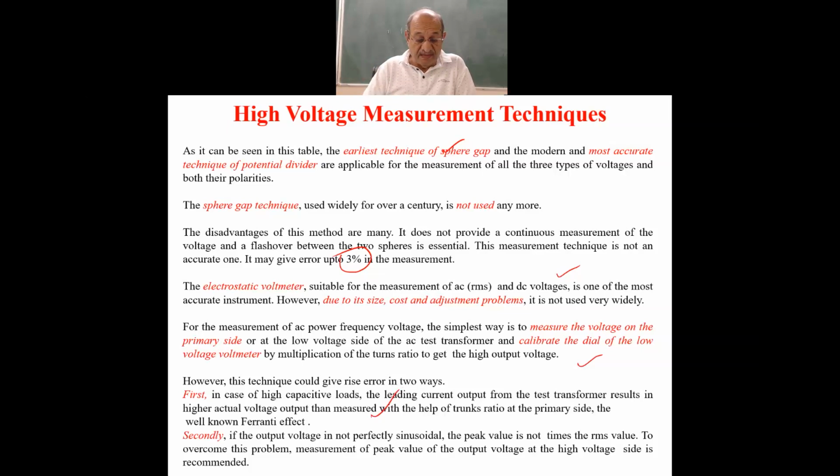The second disadvantage of measuring from the primary side may be okay in laboratories where you don't need very high accuracy in the applied voltage on the test object. People may be practicing it, but that doesn't give you a very accurate measurement.